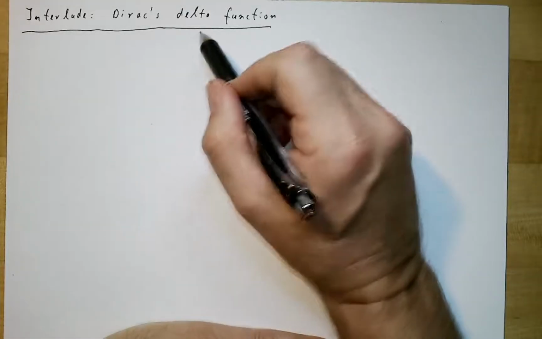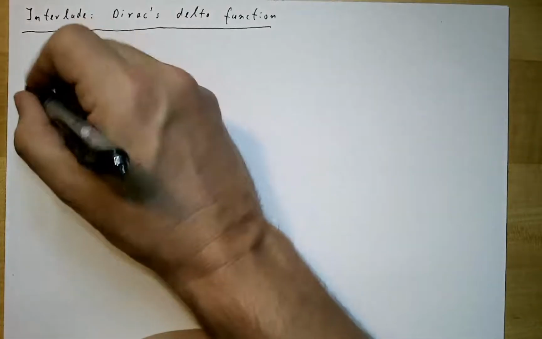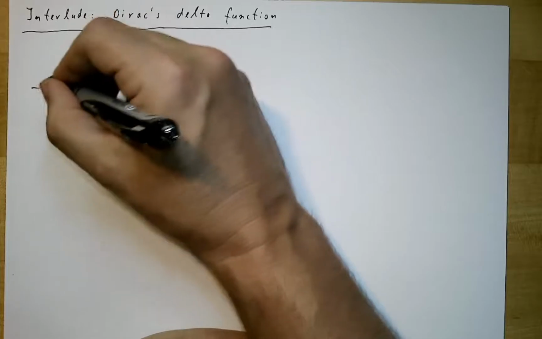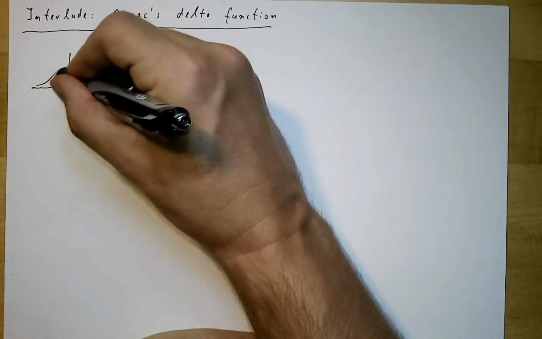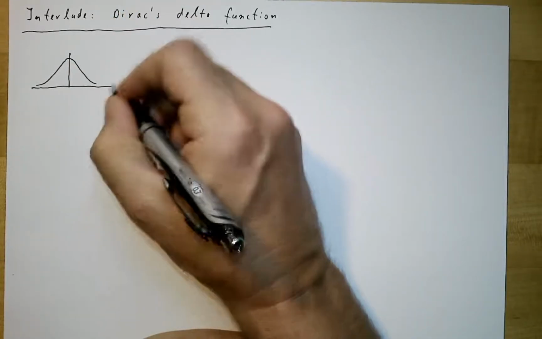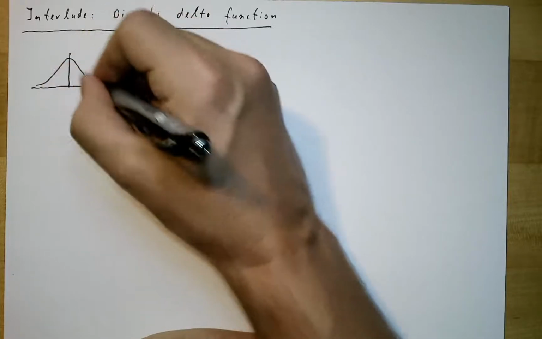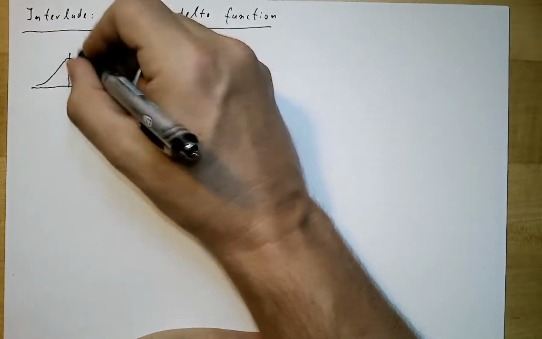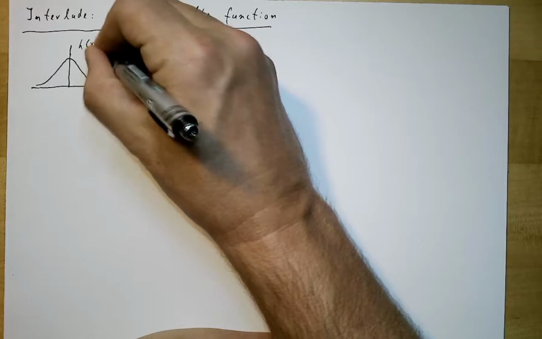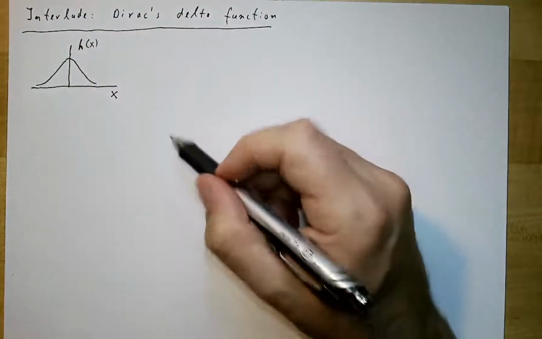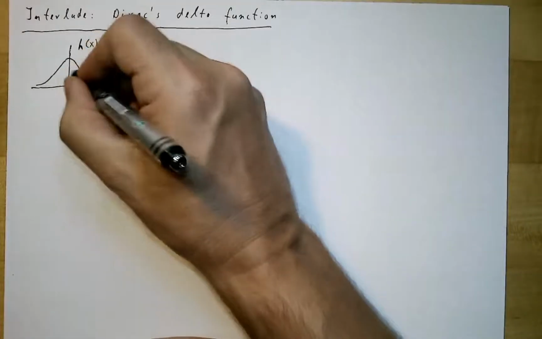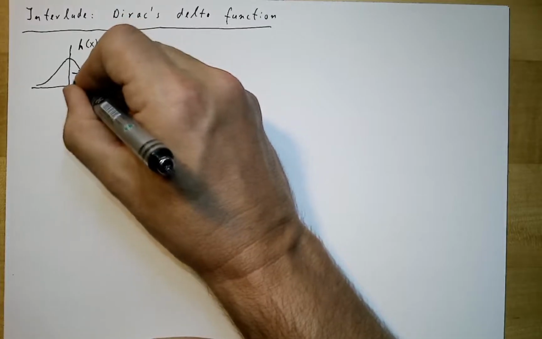Maybe the most intuitive idea is to say this Dirac function is the limit of a concentrated function. Let's say we have here a variable x, and we have here a Gaussian, let me call it h of x. This could be a Gaussian function, as we introduced in the Gaussian distribution, and this has a certain width sigma.